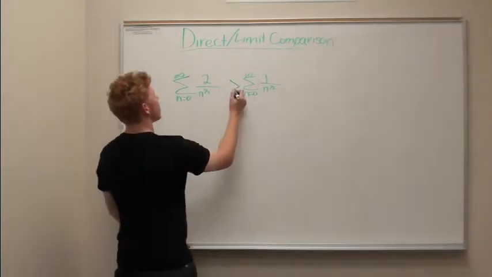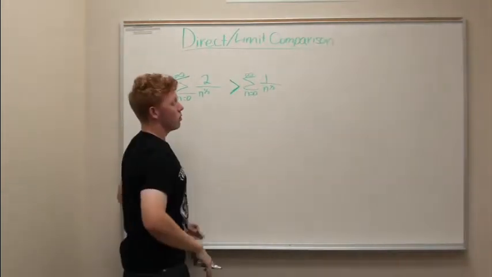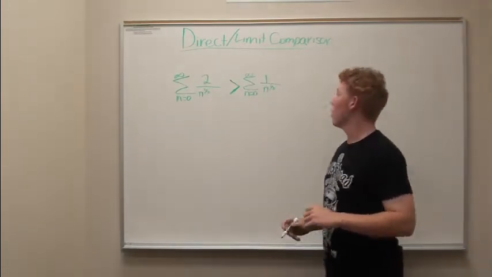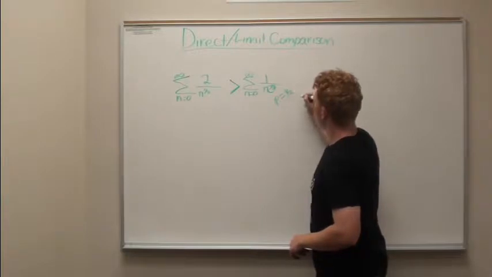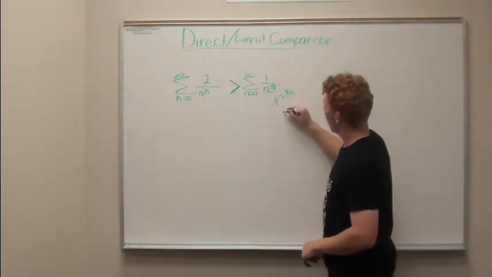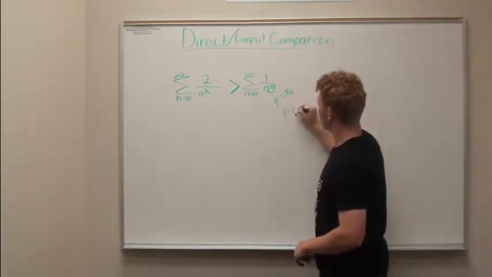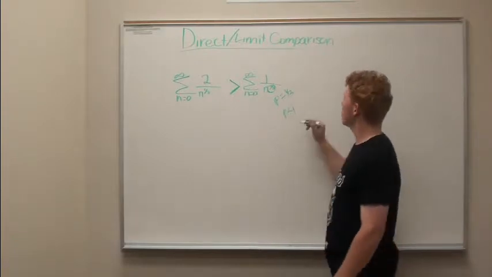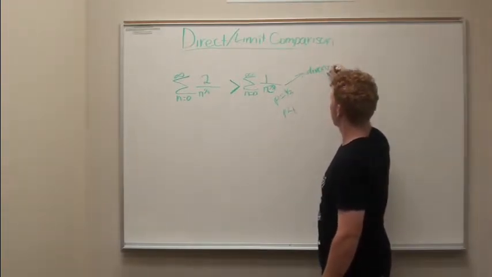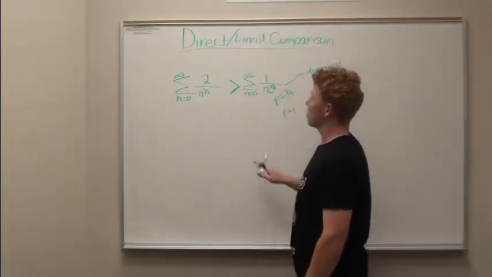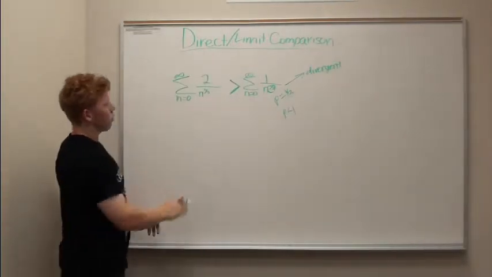So now testing this one, this is another p-series. However, since p right here is equal to 1/3, and p is less than 1, that means that it is divergent, which in this case holds the inequality true.